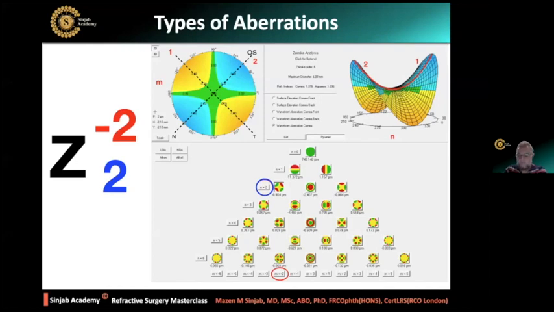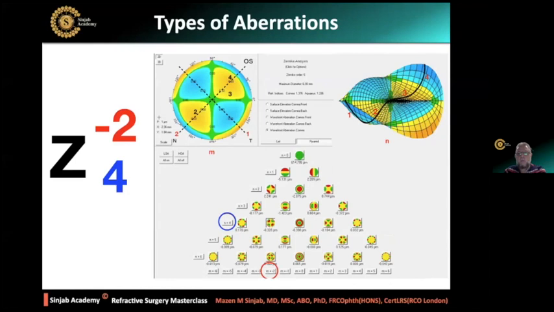All right, now let's take another one. As you see, this is Z4 -2. 4 means it is from the 4th order. 4th order means there are 4 distortions, as you see on the 3D display on the upper right. You will find 1 going down, 2 going up, 3 going down, 4 going up.